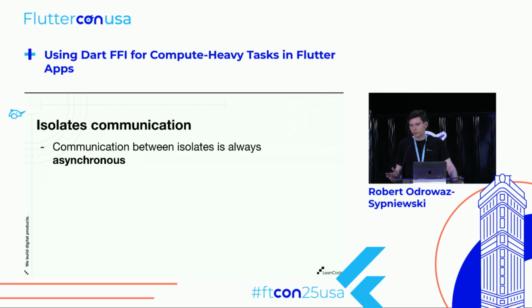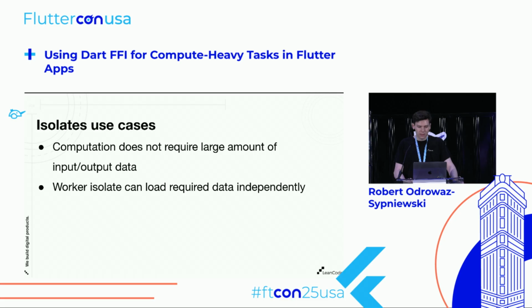The third issue with isolates is the asynchronous communication. However, in most cases it's not really critical since we are doing some heavy computation. So in most cases it can be asynchronous and it doesn't affect our application. However, it is something worth taking into account. So basically, isolates can be useful.